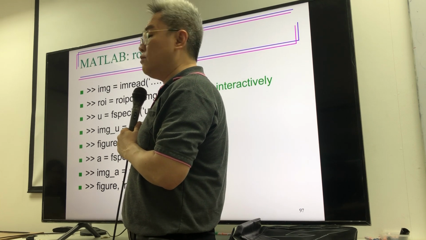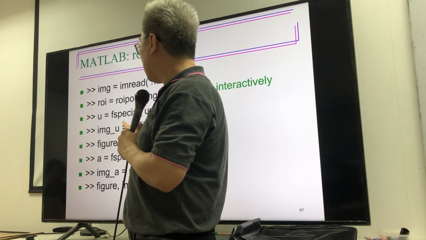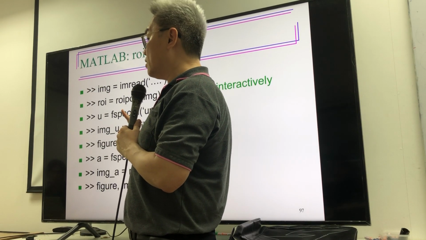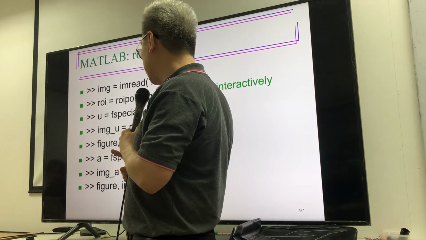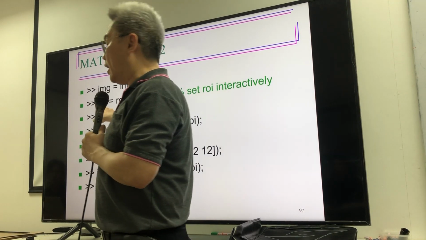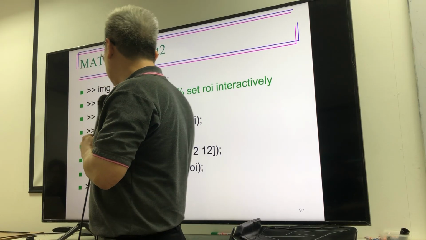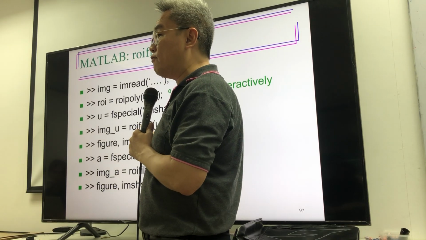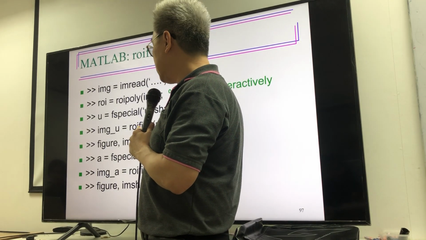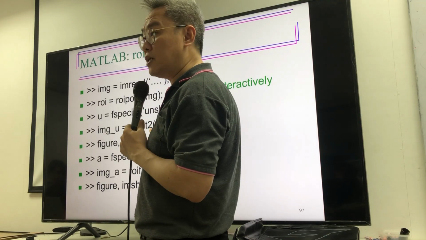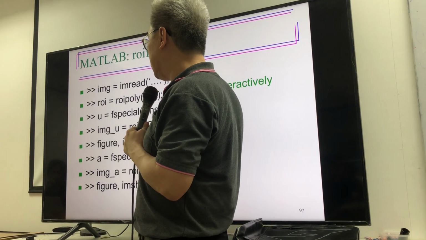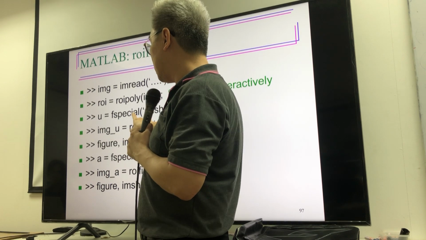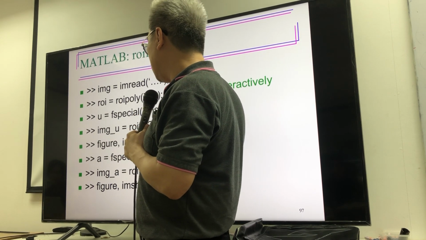Then we use the spatial filter called unsharp, and we want to know what unsharp is doing to the image. Once you have the ROI and the filter, you can apply it onto the image using the command roifilt2, where you put in the filter first, then the image and the ROI.